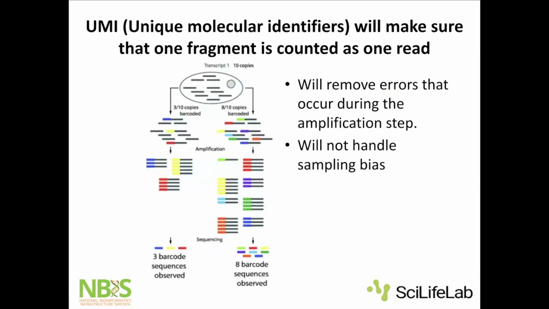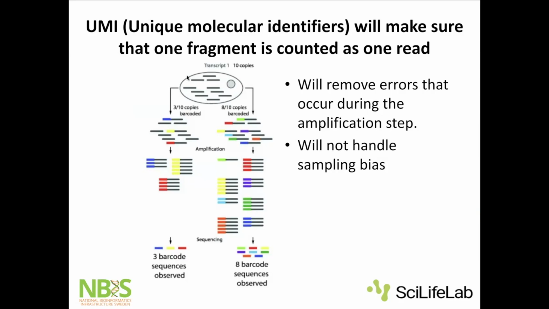But I will come back now to the UMIs. Henrik explained it quite well, and we had some discussion, but just to clarify, in each of these droplets we have this bead, and all the reads attached to the bead contain the same cell barcode, but also a random 8 base pair UMI.